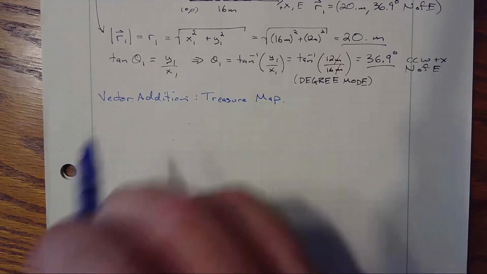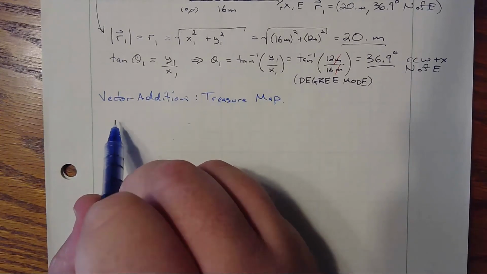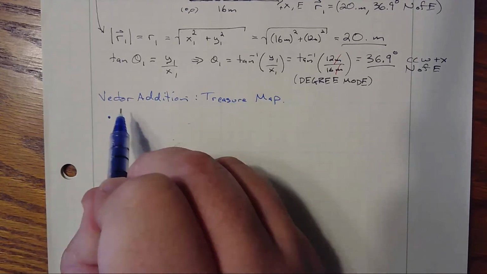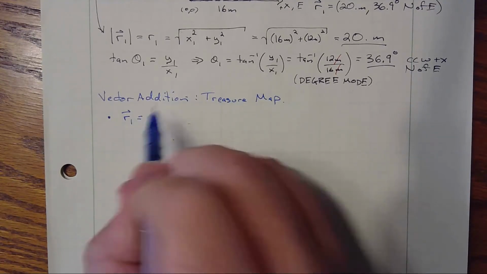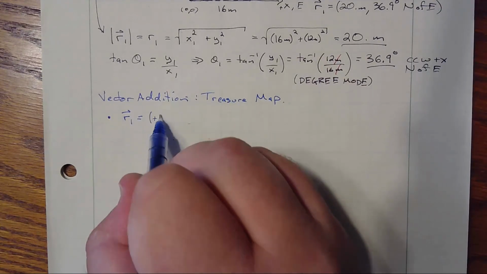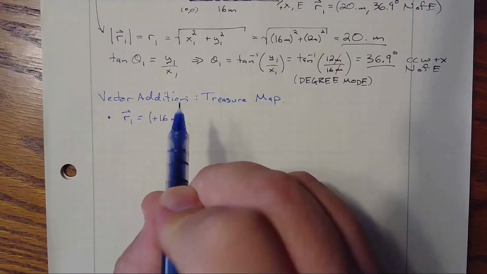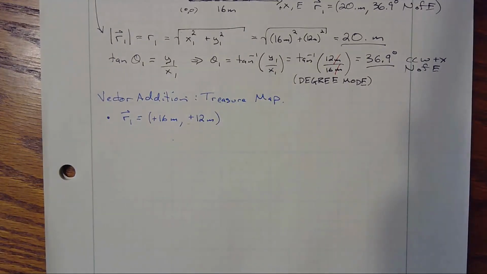So let's say we had a treasure map that said our first displacement we're going to make, R1, is equal to, I'm going to use the same vector as up here, meaning positive 16 meters in the x direction, positive 12 meters in the y direction. So I just automatically know how that's going to work.